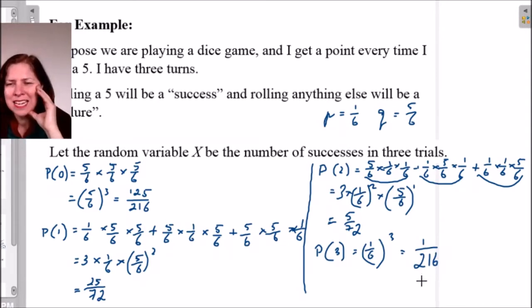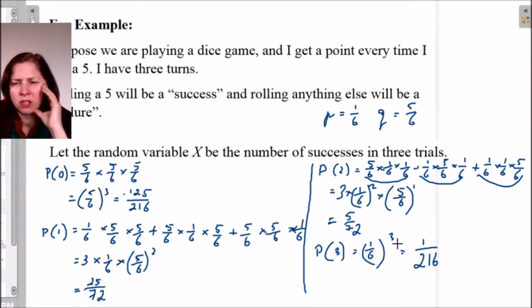Okay, so the pattern is definitely there. This is now 1/6 cubed. So the probability of P starts with a power of 0, then it's got a power of 1, then a power of 2, then a power of 3. The probability of Q starts with a power of 3, then goes to a power of 2, power of 1, and a power of 0.